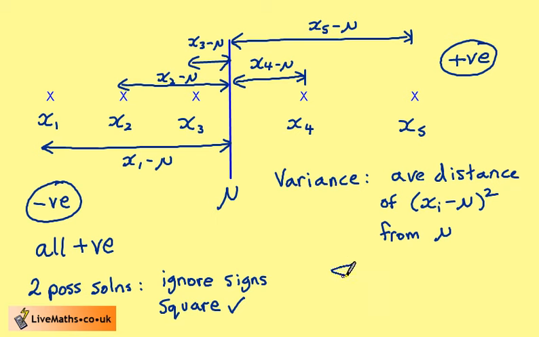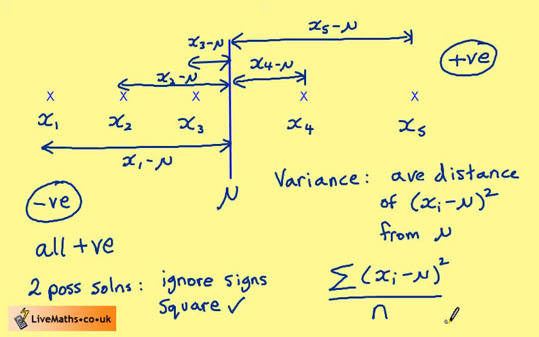In order to do this, in the usual way for working out a mean, we add up all of the various x minus mu's. So here we'll do x5 minus mu squared, added to x4 minus mu squared, and so on. This would give us the sum of the squared distances, and when we work out the mean, we then need to divide by the number of pieces of data we have.